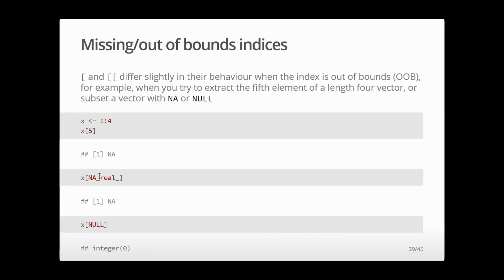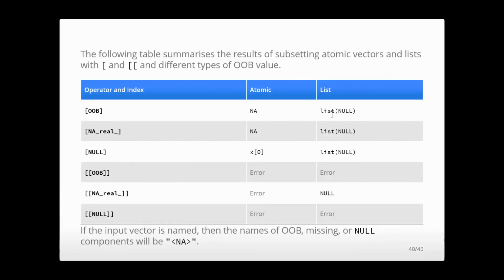If you give it some missing thing, it's going to give you missing, whereas if you throw it the null value, it's going to give you a vector with length 0. And so here's a little summary of what's going to happen when you give it out-of-bound operators, whether it's in a single bracket or double bracket. It'll either kick back an error or give you empty lists or missing elements, okay?